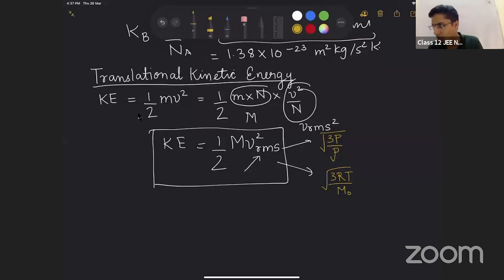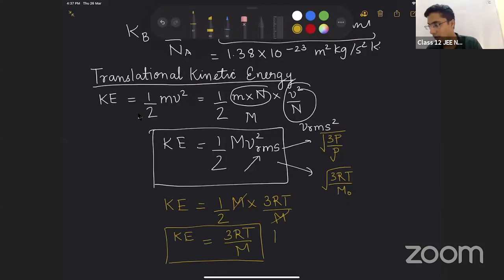If you substitute root 3RT by M, it becomes half into M into 3RT by M. This m and m naught are the same, so M gets cancelled. This becomes 3RT by 2 for 1 mole of a gas.